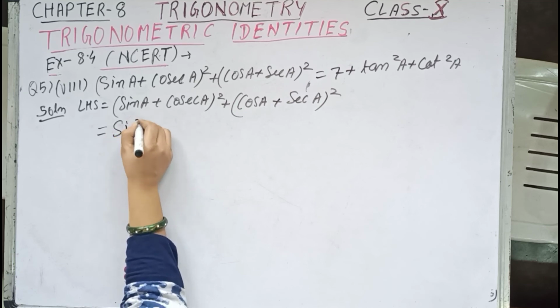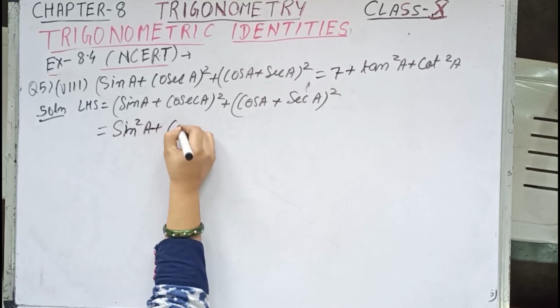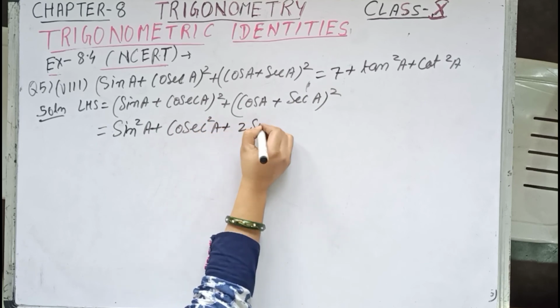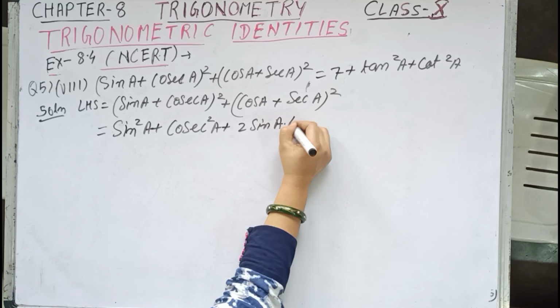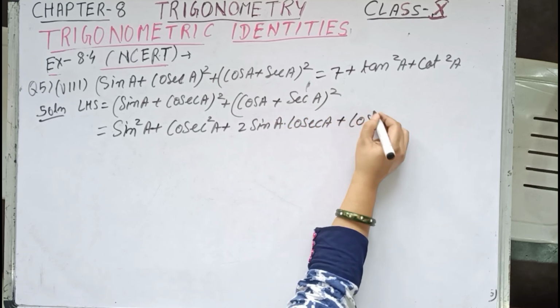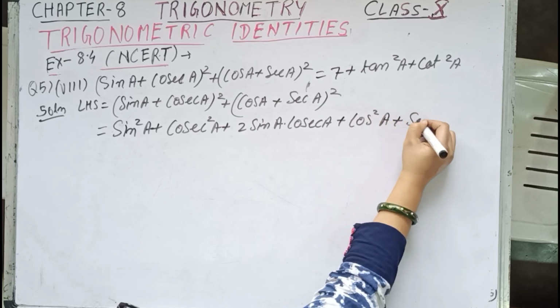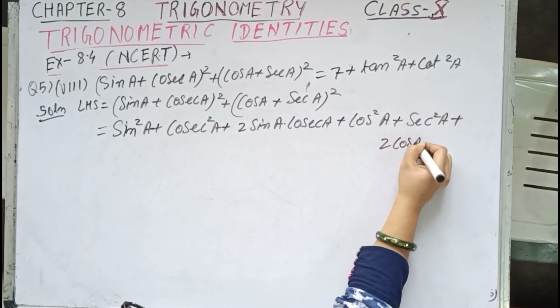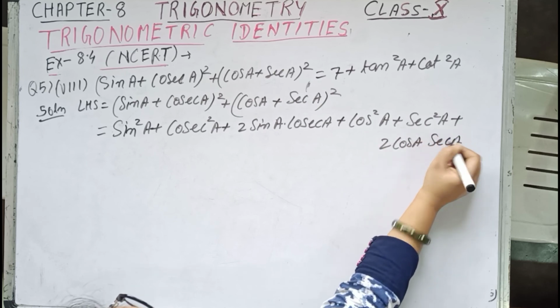So over here sin square A plus cosec square A plus 2 sin A into cosec A plus cos square A plus sec square A plus 2 cos A into sec A.